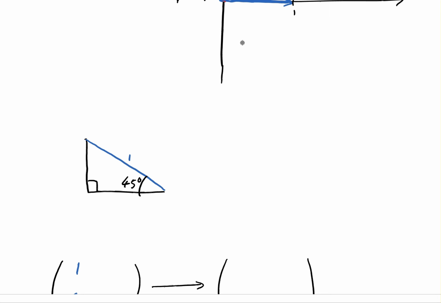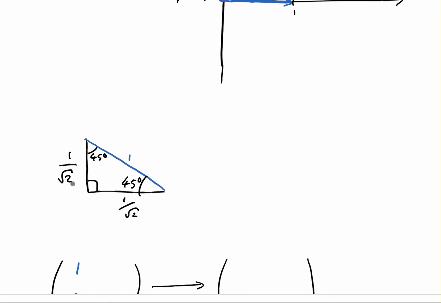We've got a length of 1 because that is the length of this coordinate here. It's moving 1 across. The length of this hypotenuse is 1. What's this one here and what's this one here? Well, it's 1 over root 2, isn't it? They're both 1 over root 2 because remember it's 45 degrees, so this angle is 45 degrees as well. You can work it through by sine, but this is 1 over root 2.